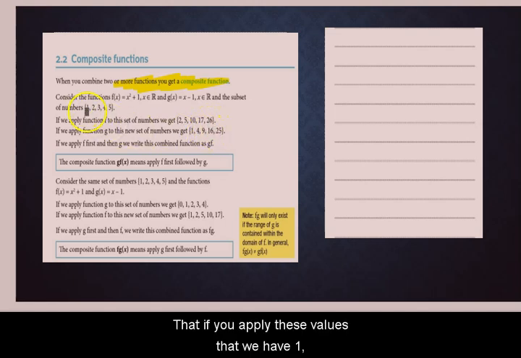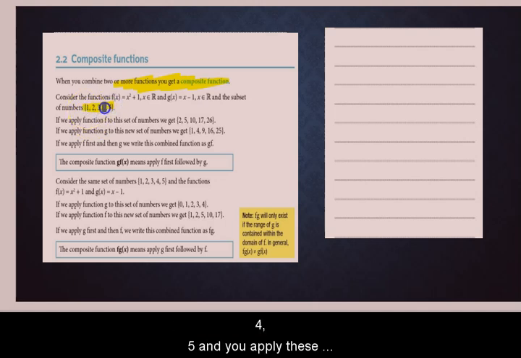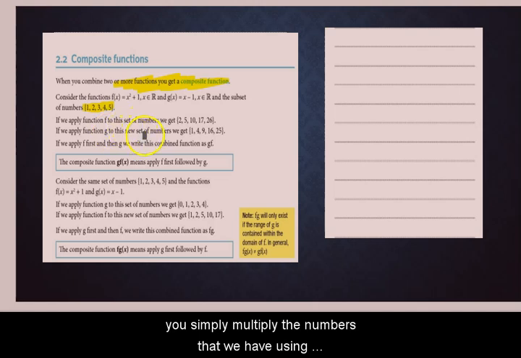You simply substitute the numbers using the function, and we are going to see that in calculations.